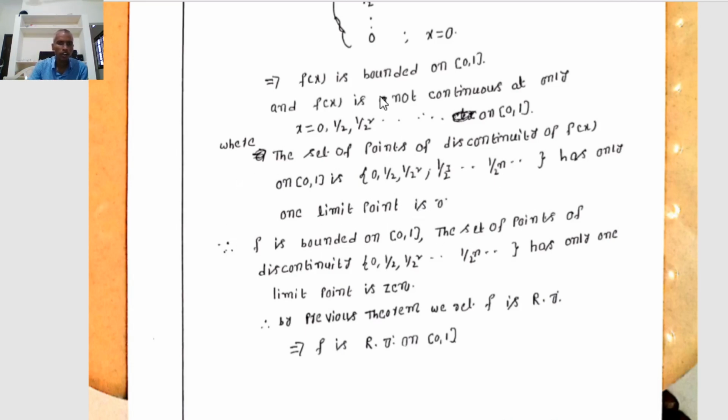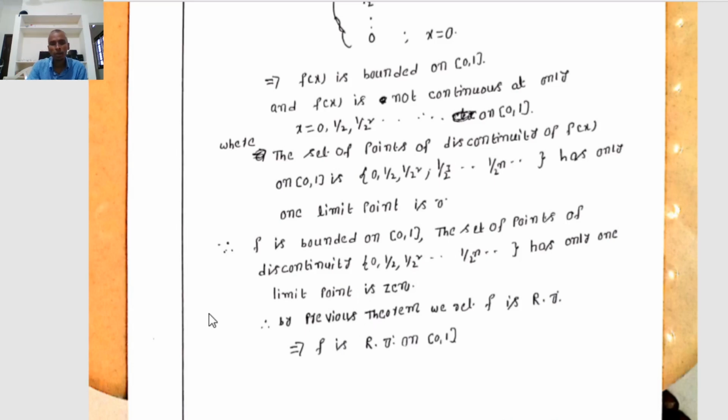Therefore f(x) is a bounded function on the closed interval [0, 1], and the set of points of discontinuity is infinite, but it has only one limit point.